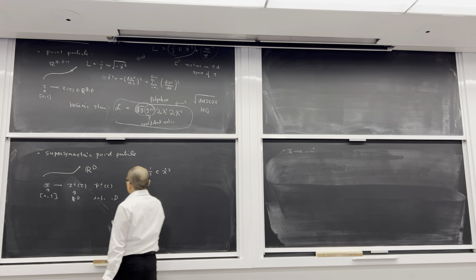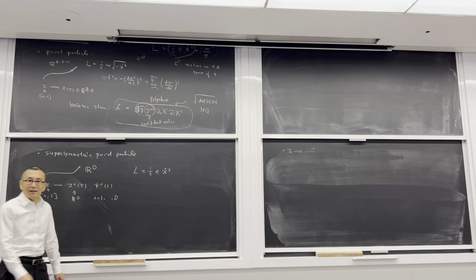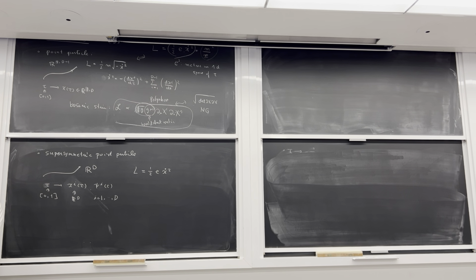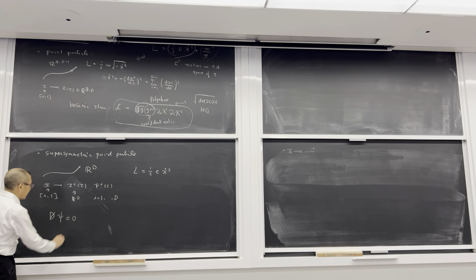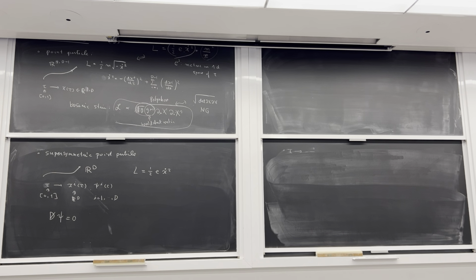The kinetic term that we know for a fermion is that of the Dirac equation. So you know that the Dirac equation is given by this form, for a massless Dirac field.